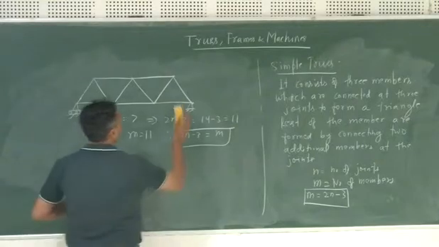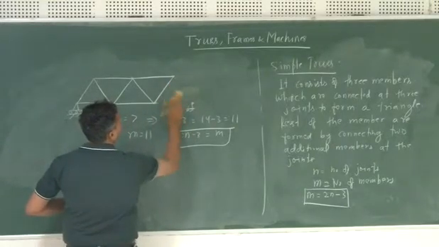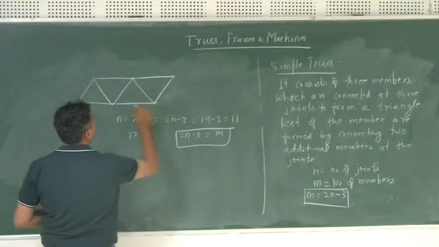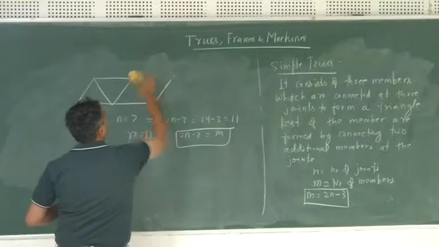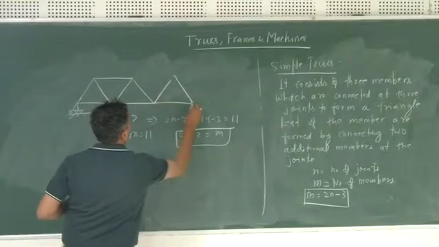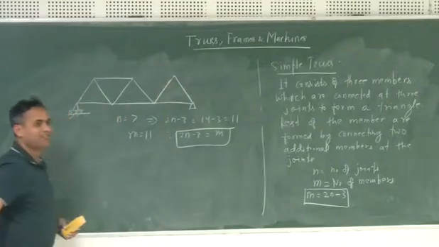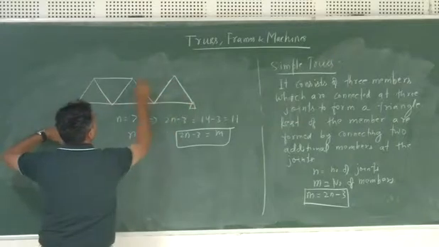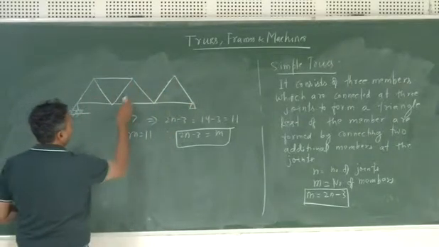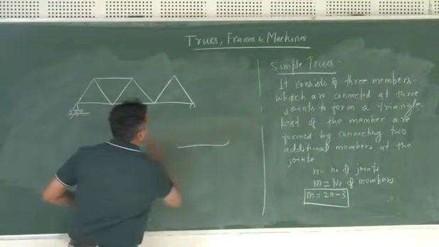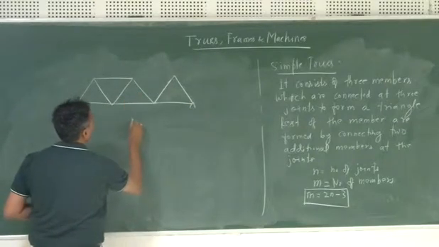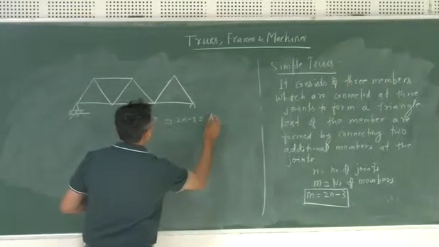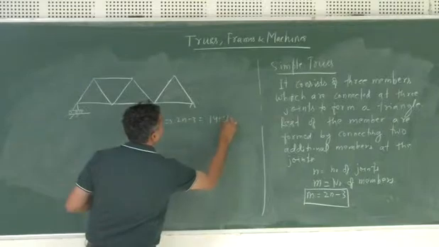Now let's say we have something like this, where you can just remove one member. In this case, the joints are the same, 1, 2, 3, 4, 5, 6, 7. This is the second example. Here n is equal to 7, so your 2n minus 3 is 14 minus 3, which is 11.